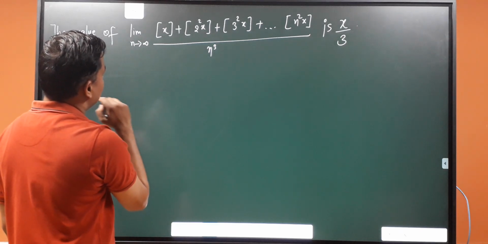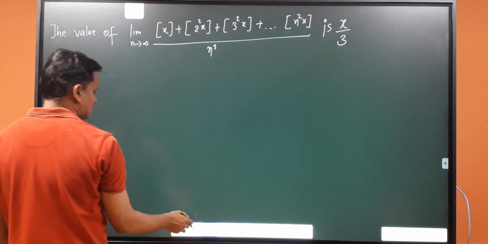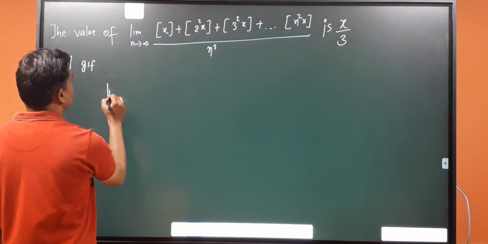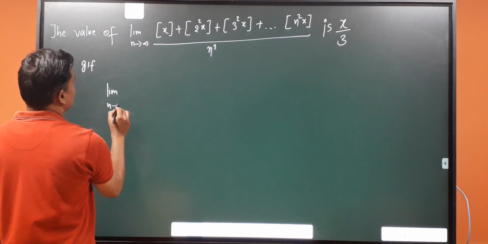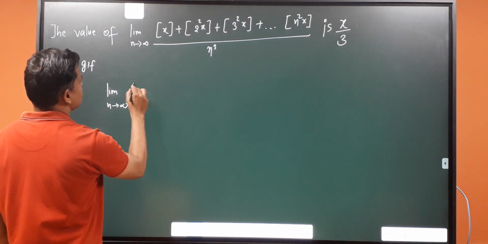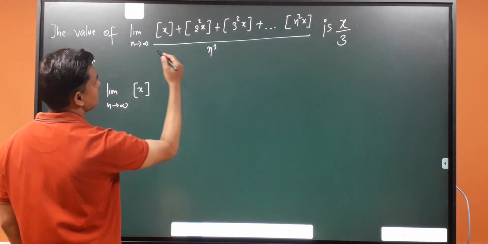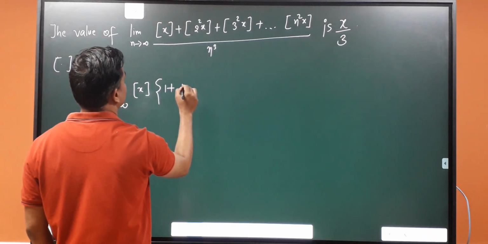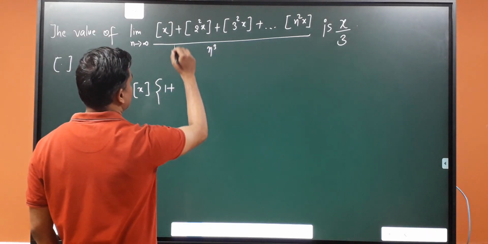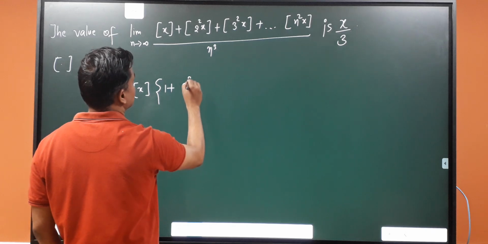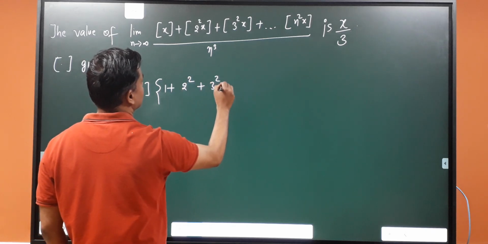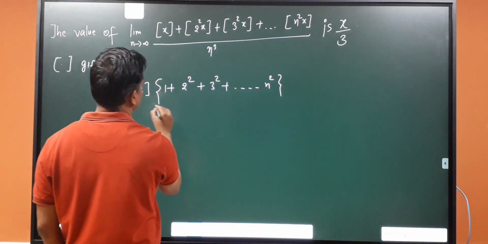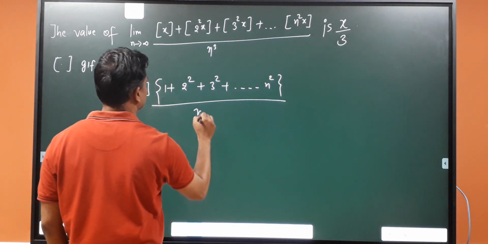So if I write it like this, limit n tends to infinity, greatest integer function of x. If I take greatest integer function of x common in each and every expression, then it will be 1 plus 2² can be taken outside of greatest integer function because it is an integer.